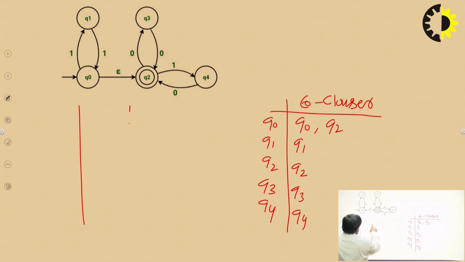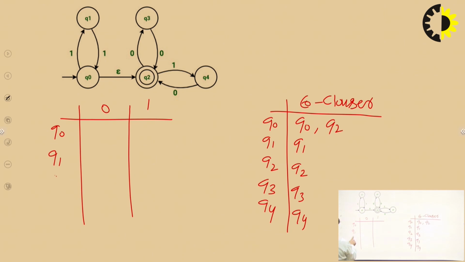The columns are 0 and 1, and how many states? That is Q0, Q1, Q2, Q3 and Q4. We check the transition of the Q0 epsilon closure on 0 and 1.